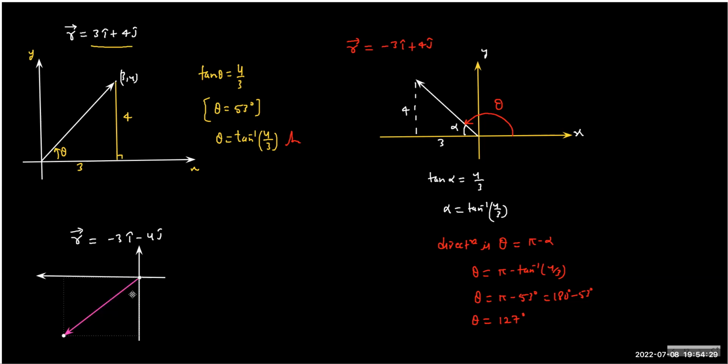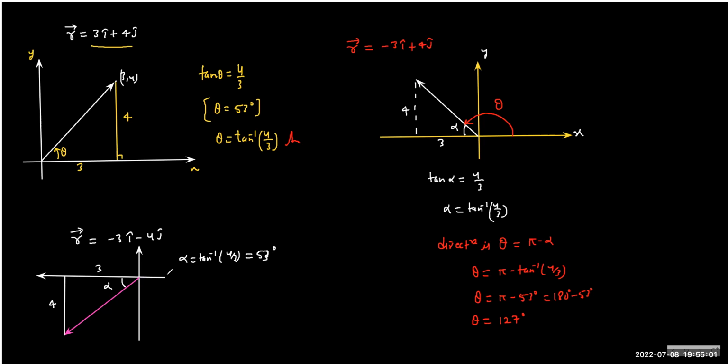You just find the acute angle, the actual value of the angle, then interpret accordingly. Lengthwise, this is again 4. This is again 3. Let's call this alpha. So we know alpha is tan inverse 4/3, or 53 degrees, right?